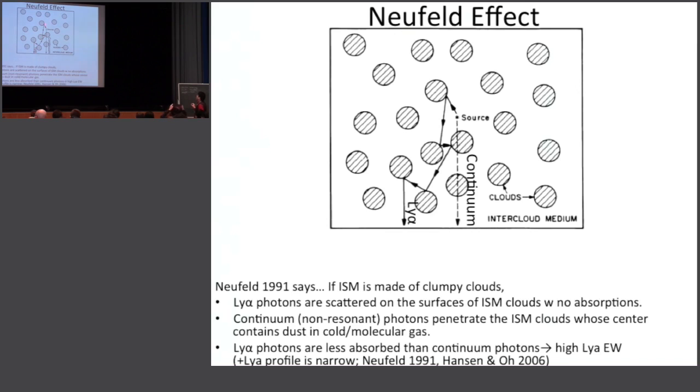On the other hand, the continuum goes through with no resonance scattering, so you have more extinction in the continuum, and the Lyman-alpha emission lines are traveling through the dust-free regime. So you have more Lyman-alpha than the UV continuum. This is the idea, and people bring this in to explain the high equivalent width of the Lyman-alpha.